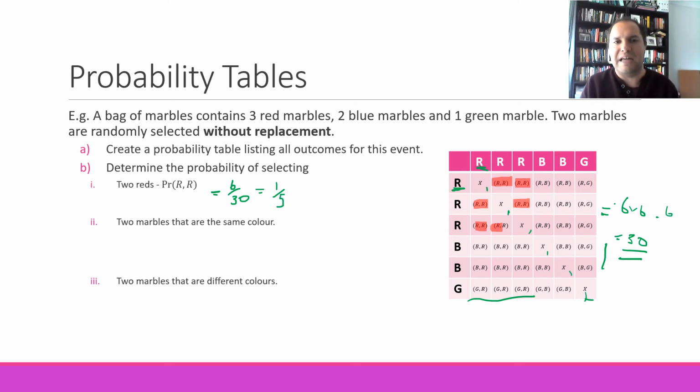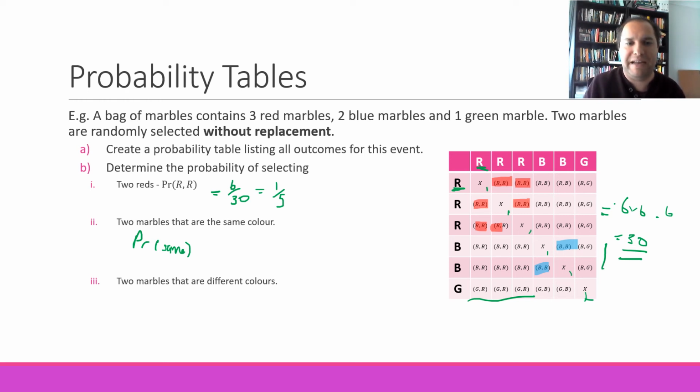Notice there, students, that that value is different to what it was before. Previously we had a 1 in 4 chance of getting 2 reds. Now it's only 1/5. So changing the fact of whether we have replacement or not does affect our probability. So let's find the probability that our marbles are going to be the same color. We've done all our red ones there. For our blues, there's blue there, blue there, and we can't get 2 greens now because once we've taken that green out, we're not putting it back.